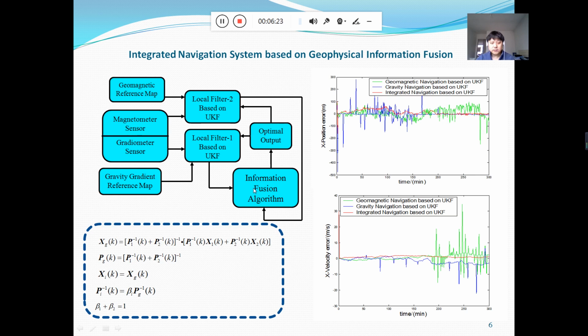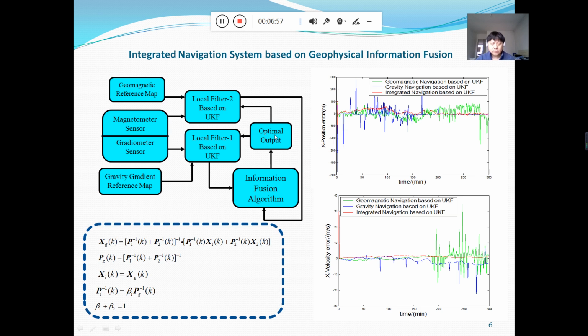In this information fusion model, the inputs are the state estimations from each of the two local systems, and the information fusion model can output the optimal result. I use these equations to define and design the information fusion model. I also use a neural network to design the information fusion model and get the optimal output.